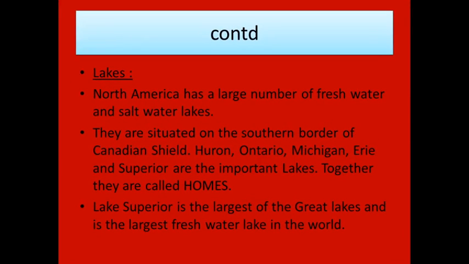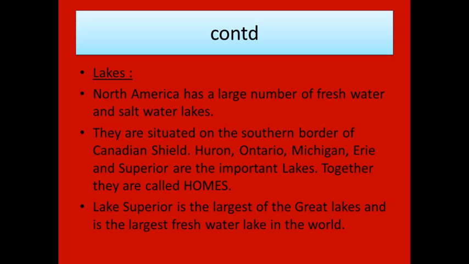Now here are the lakes of North America. North America has a large number of freshwater and saltwater lakes. There are two types of lakes here, the freshwater and the saltwater lakes. They are situated on the southern border of the Canadian Shield. Huron, Ontario, Michigan, Erie, and Superior are the important lakes.